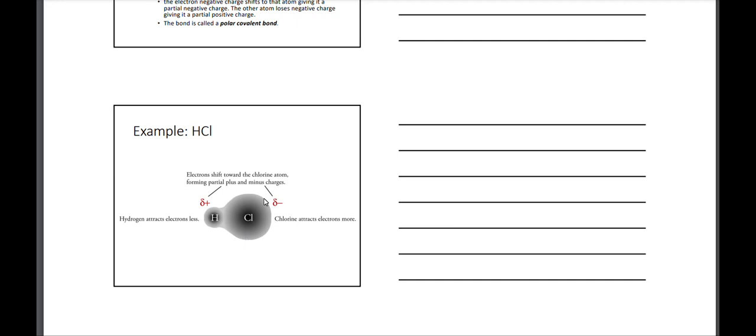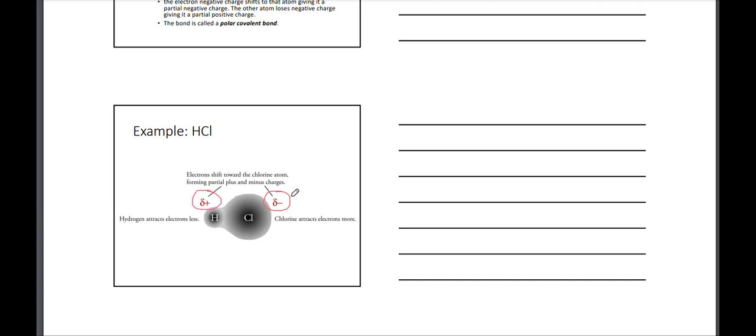So when the atom has more electron affinity, a stronger power to grab electrons, that results in more electron density on one side of the bond. It results in a polarized bond where you have one side that is partially negative, like in this case with chlorine, and one side that is partially positive.